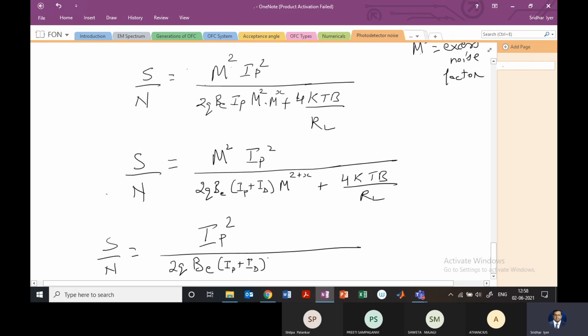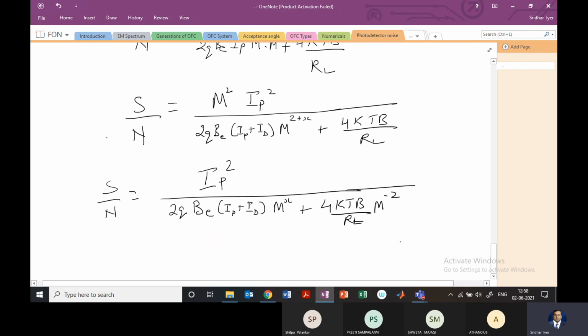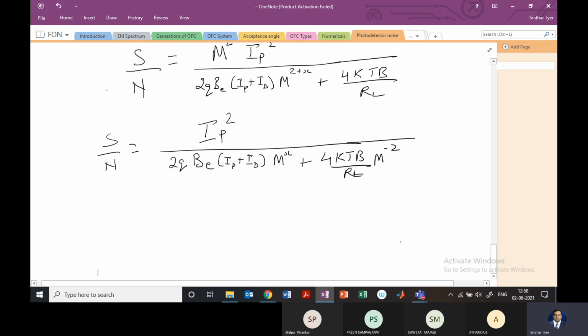Since I'm going to have m raised to minus 2 in the denominator now, that will cancel with m raised to 2, and I'll only be left with m raised to x plus 4kTB by RL, and I'll have m raised to minus 2, right? So now our job is to get this equation in the form of m raised to some x, so that we can actually calculate the value of x, right?